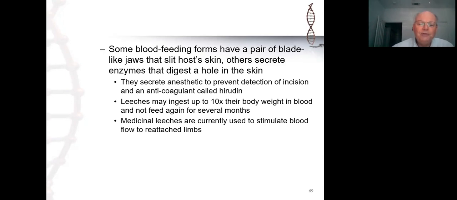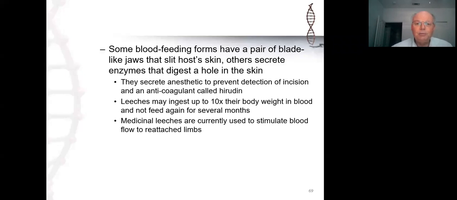Or if you've had an amputated appendage, a finger or something like that reattached, your healthcare team may attach one or more leeches to the reattached digit to encourage blood flow, because one of the primary reasons why a reattached digit may fail to survive is because of lack of blood flow.